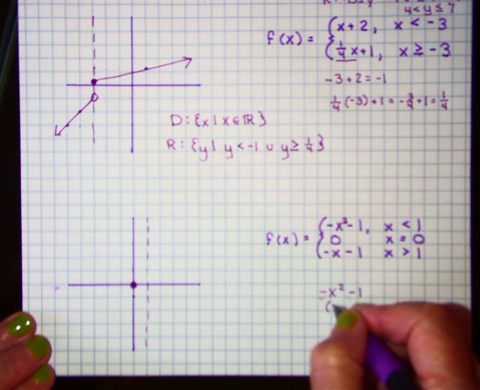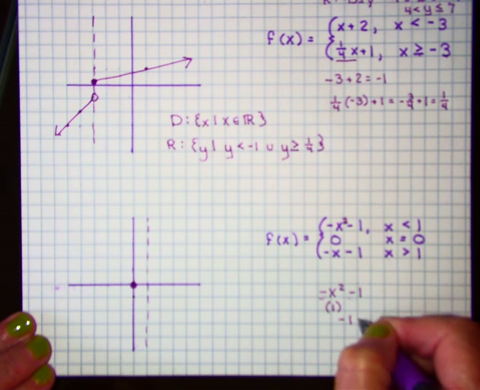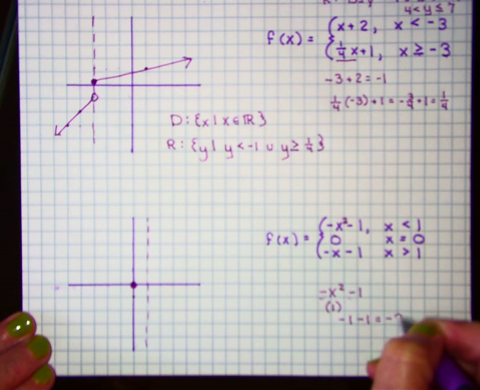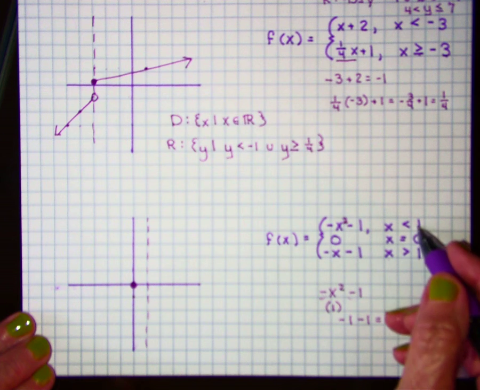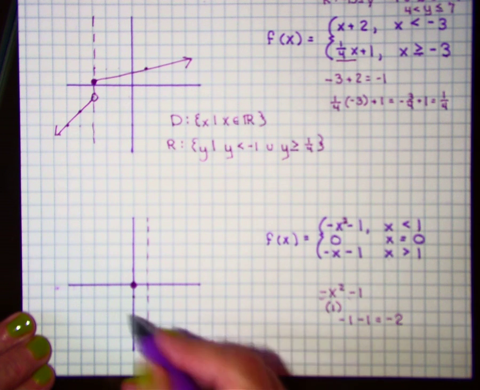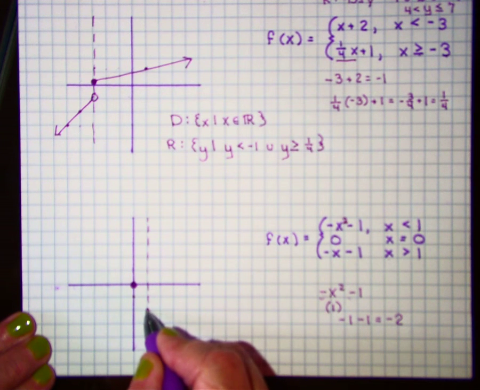So if I plug a 1 in here, I'm going to have 1 squared is 1, so negative 1 minus 1 equals negative 2. So here I'm going to actually be down at 1 to 2, to negative 2. Okay?